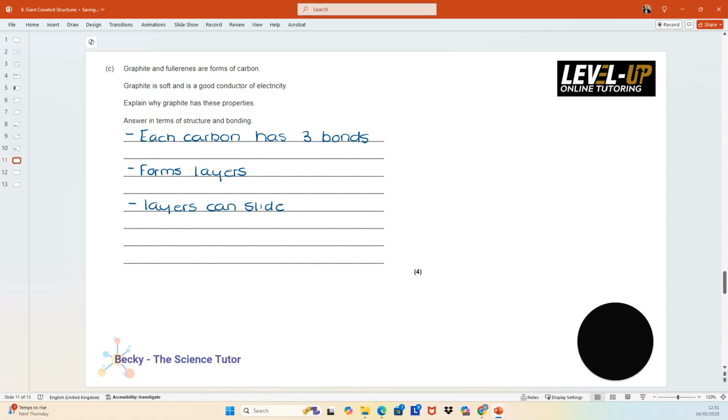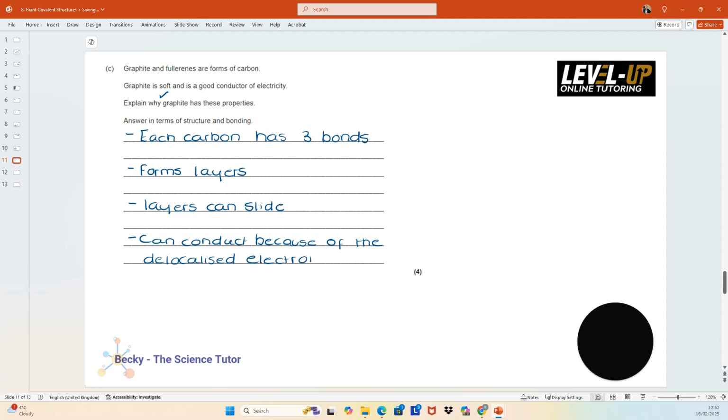So the layers can slide, that's what makes it soft and a good conductor of electricity. We've got those 3 bonds, so it can conduct because of the delocalized electrons. Whoops, that should be an A. So a bit more of an extended question, nothing we've not seen before, but asking us 2 properties this time.